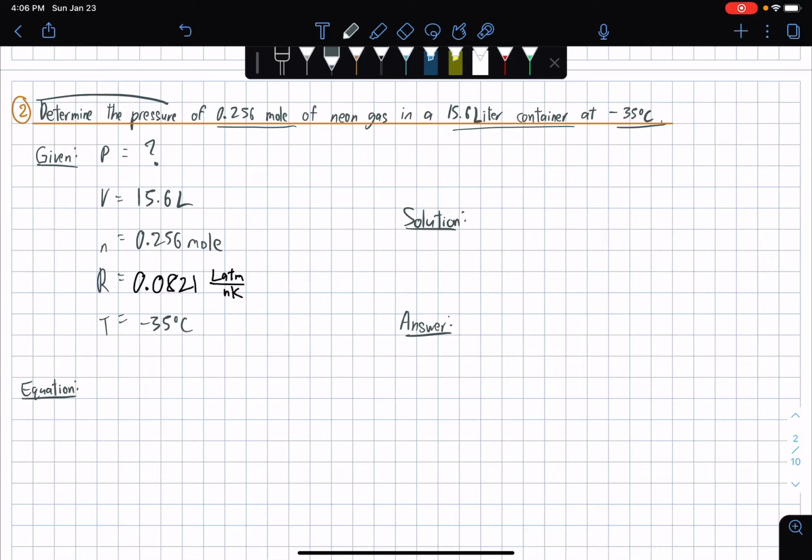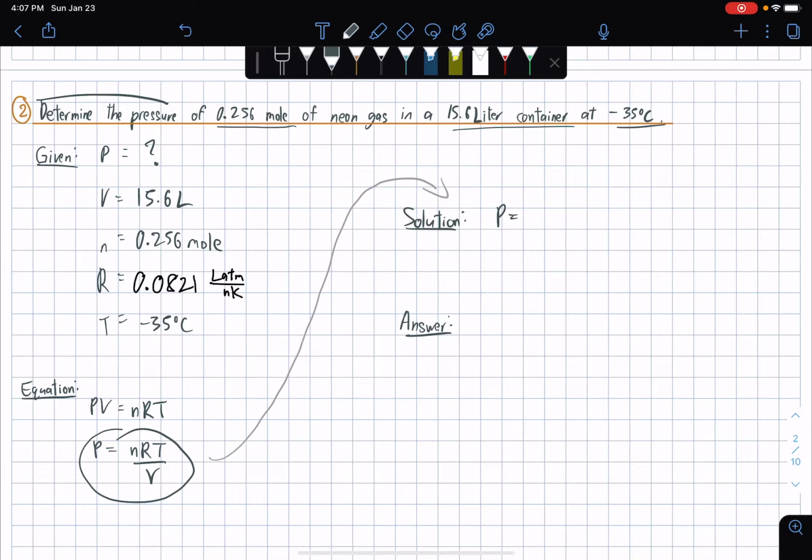Now, for our equation, since pressure is missing, from PV equals nRT, apply the concept of literal equations, divide both sides by V, and it will be nRT over V. This is our equation. Let's go with our solution. So pressure is equal to mole, which is 0.256.